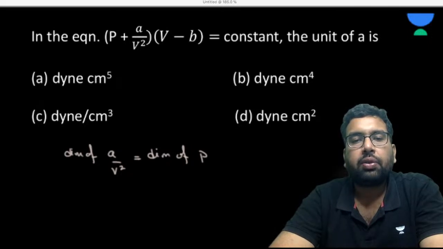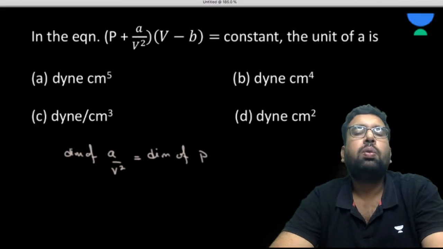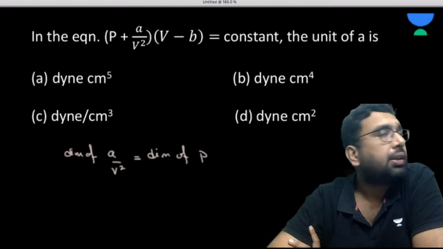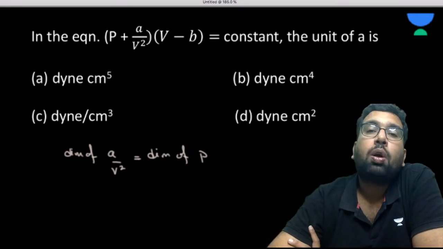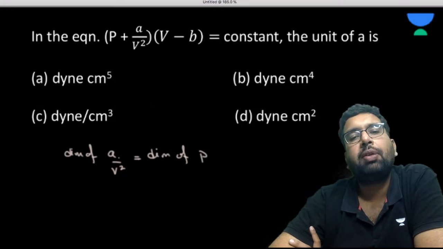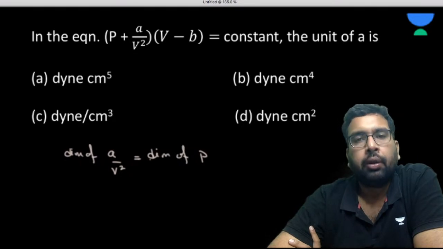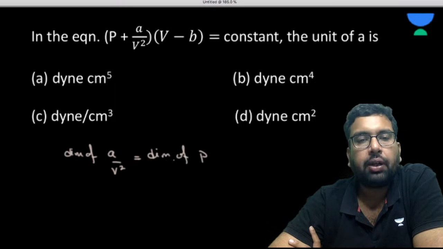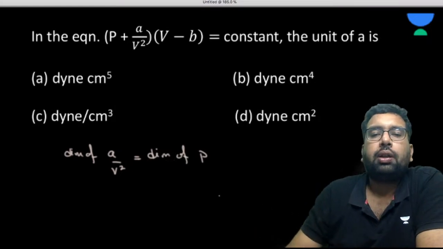See, in the questions of this very chapter, you also need to understand that sometimes some formulas could be used which belong to the upcoming chapters. Okay, so P plus A by V square. So the dimension of A by V square must be equal to the dimension of P. So what is the dimension of P, sir?